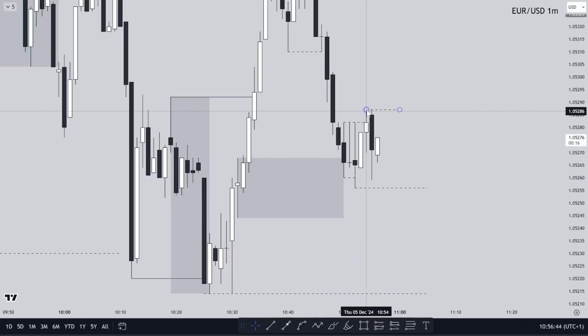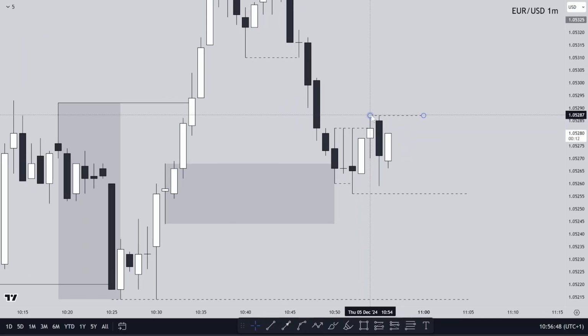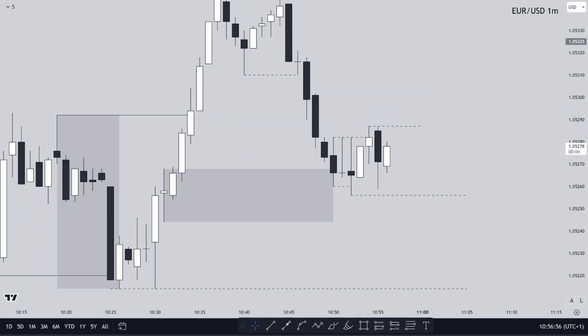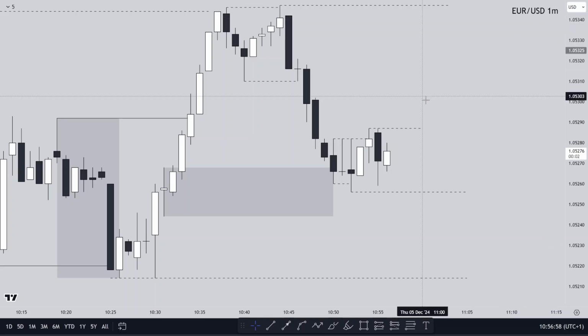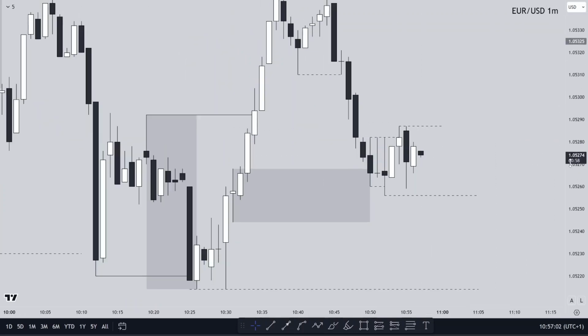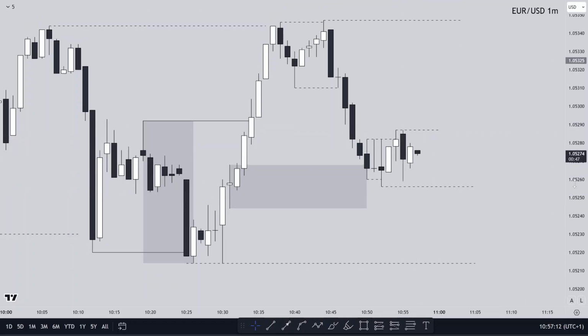2 candles wicks are at the same price level, so a lot of liquidity from a really low time frame point of view, of course, so maybe seconds. So now we have liquidity below this level and above this level, so until the price is in range I can't do anything.